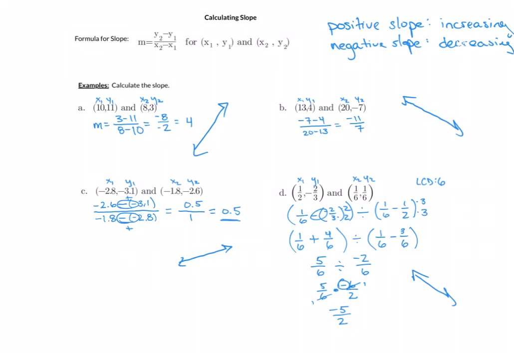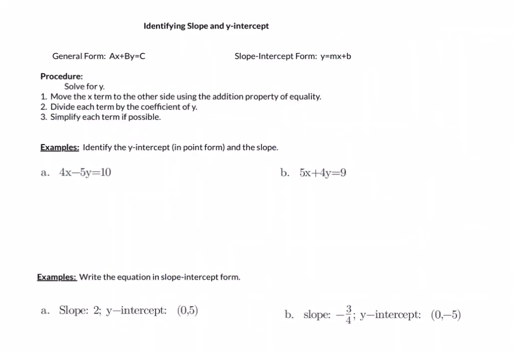All right, let's go ahead, we've got one more slide for this presentation. The last thing we want to do is play around with the equation a little bit. We're going to talk about identifying slope and y-intercept. If it is in slope-intercept form, it is very easy to identify the slope and the y-intercept. Remember, slope-intercept form is y equals mx plus b.